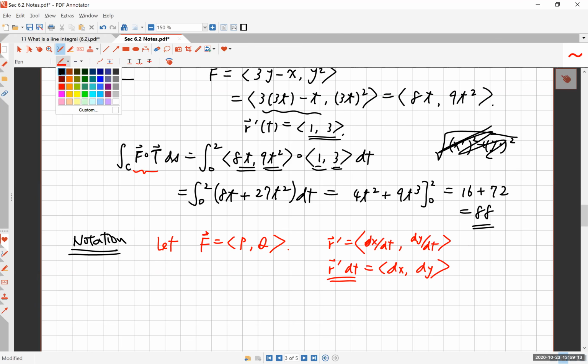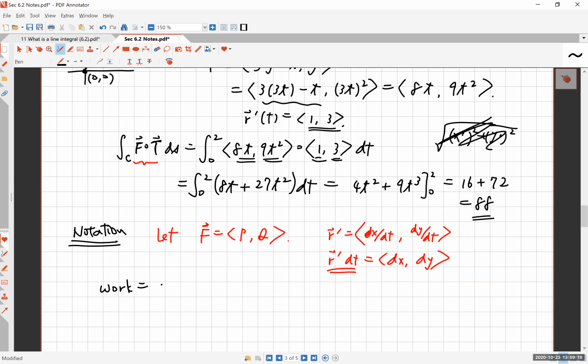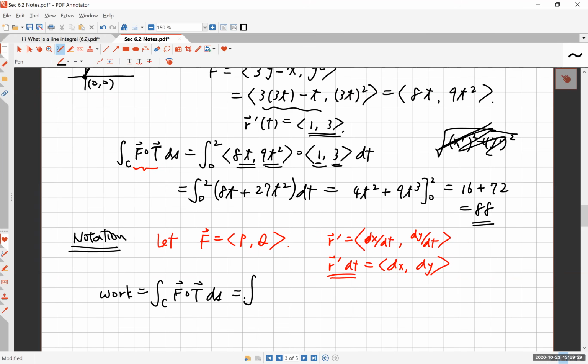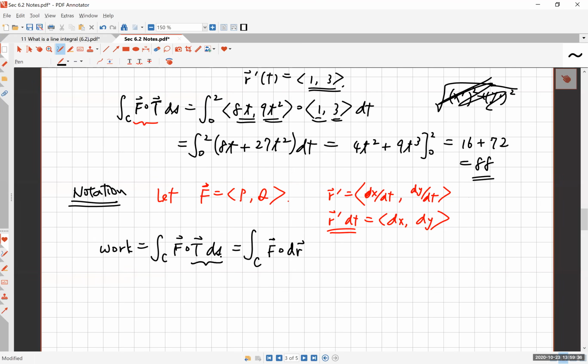All right, so with that background, the work integral, circulation integral, or flow integral, by definition, is the integral of F dot T ds. Remember, the tangential component of F is what's integrated. I also already mentioned this can be written as F dot dr because this last part, T ds, is basically that.